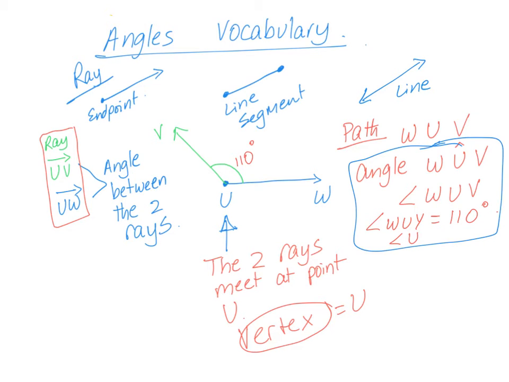Now, the other approach could be that the path goes the other way. V, U, W. Then the angle would be angle V, U, W with the caret on top, or this way, V. Let me erase that.